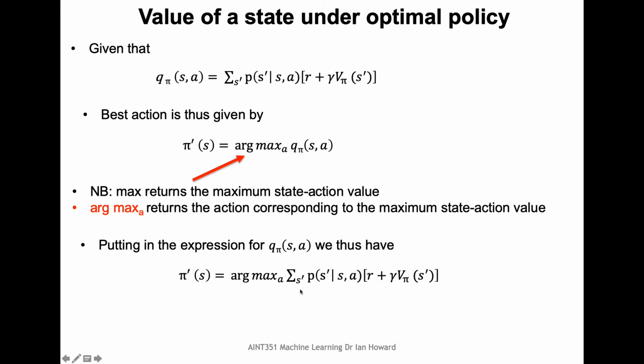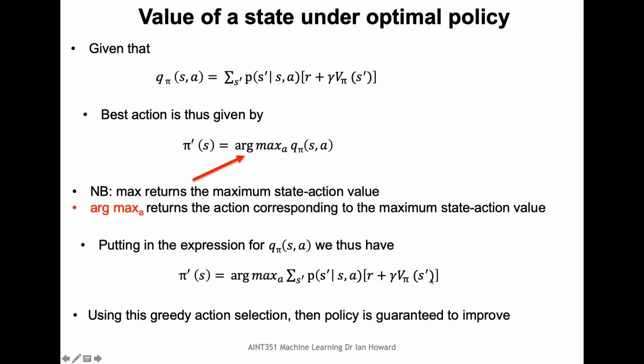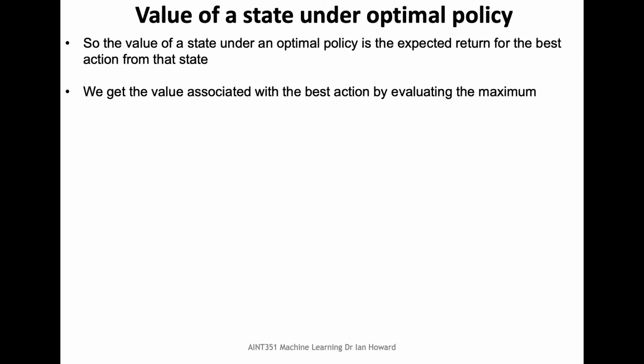So it's going to be the argmax of the sum across all future states S prime of the transition matrix multiplied by the reward term. And this is what we call greedy action selection, because it's picking the biggest in order to get the best possible result. If we do this iteratively, then we're guaranteed to improve the policy, because we're picking the best action each time and then updating for all values of S. So if we do that, we can pick the best optimal policy.